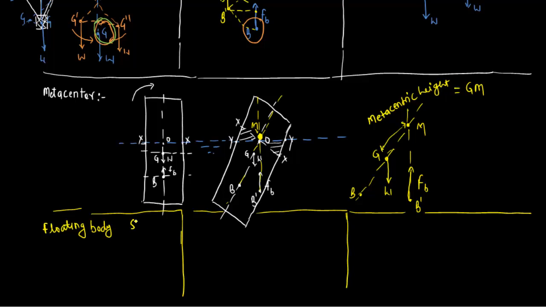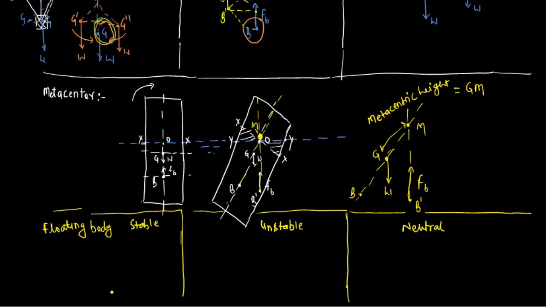Okay, this was stable, this was unstable, and this is neutral. So if we say a floating body is a stable body, then the condition will be this one.